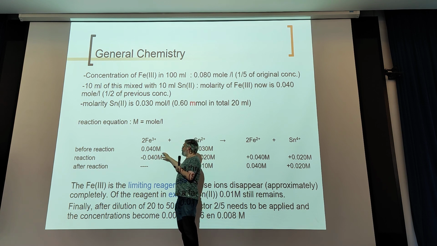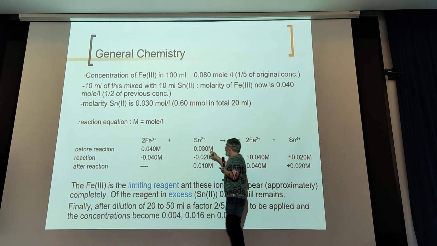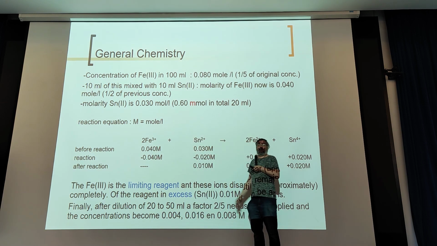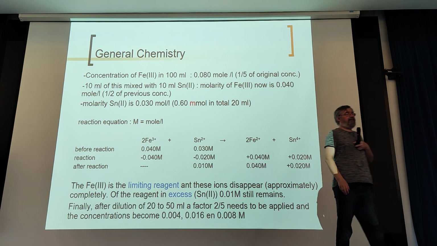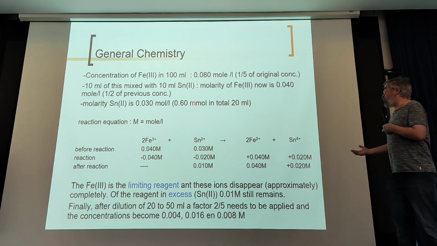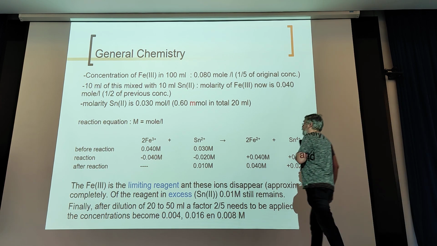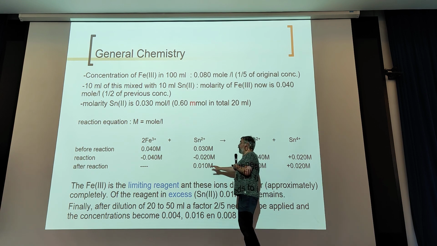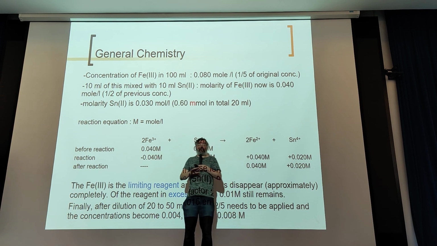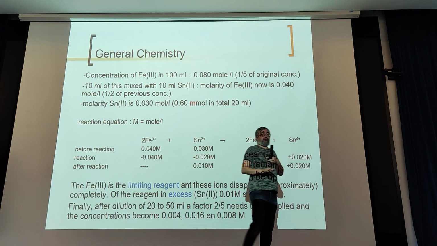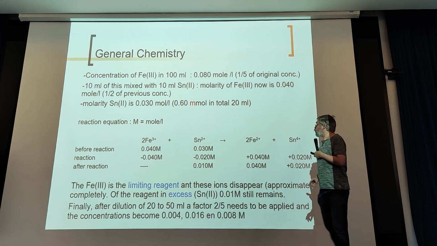Because if we react completely, we have to react only 20 millimolar of the tin. And there will be tin 2 plus left behind. How much? Well, 10 millimolar. The iron 3 plus has completely gone because it was the limiting reagent.